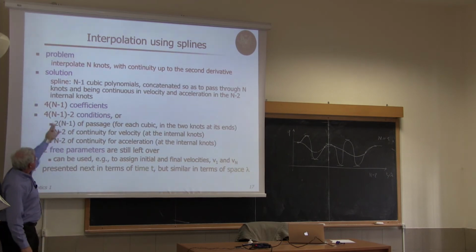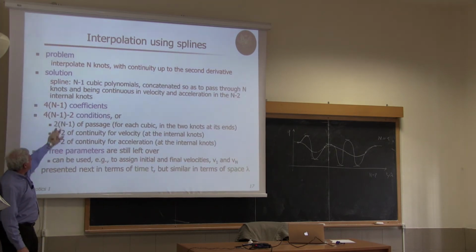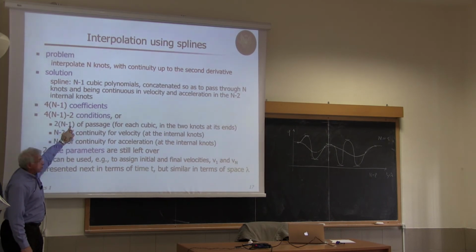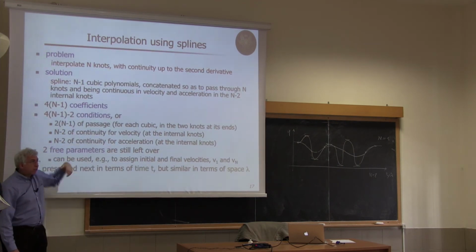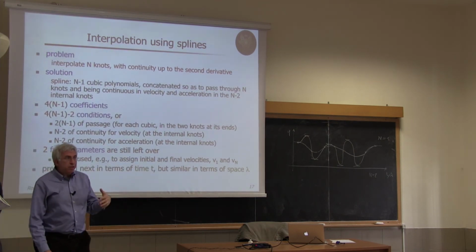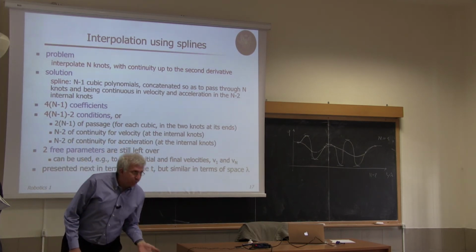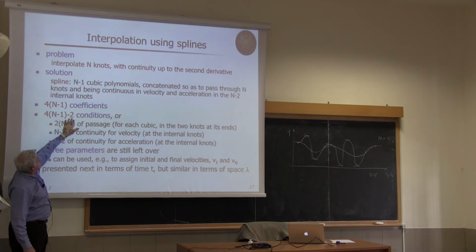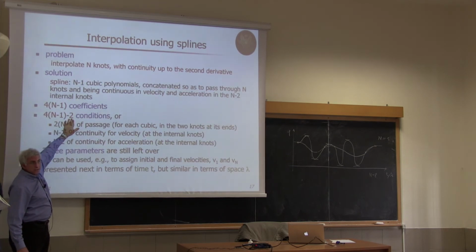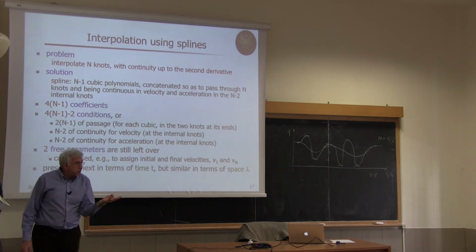If you add up everything, you have 2n plus n plus n, so 4n minus 2 minus 2 minus 2, so minus 6. So it's 4 times n minus 1 minus 2. So it's the same number as the unknowns, but 2 are missing. So you can impose 2 other conditions.